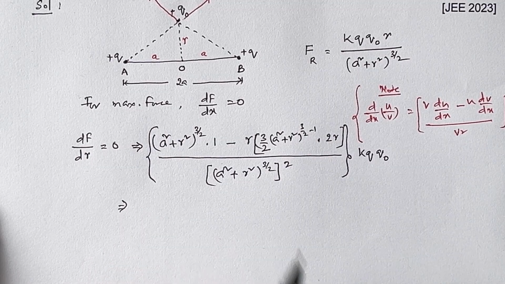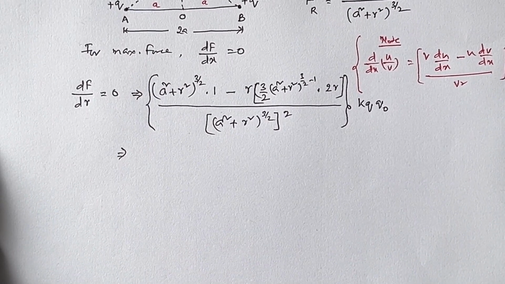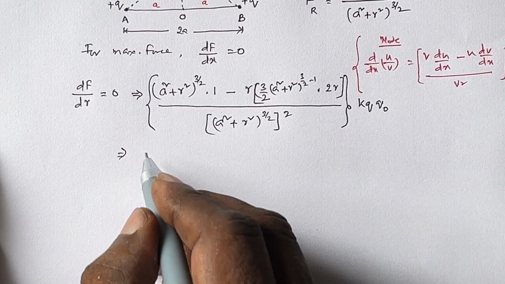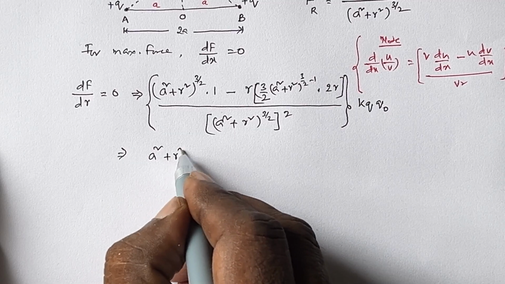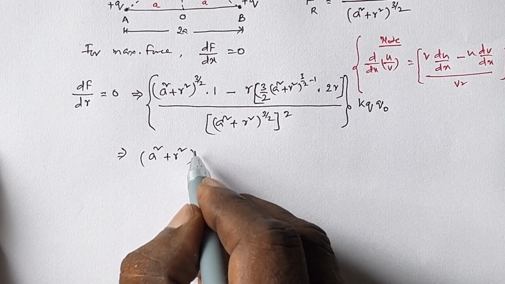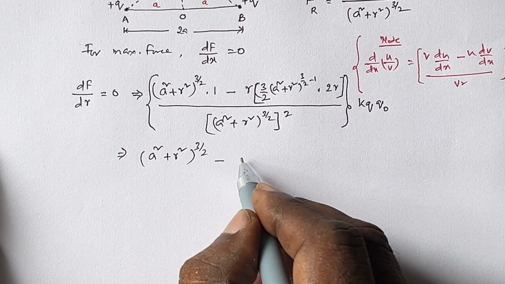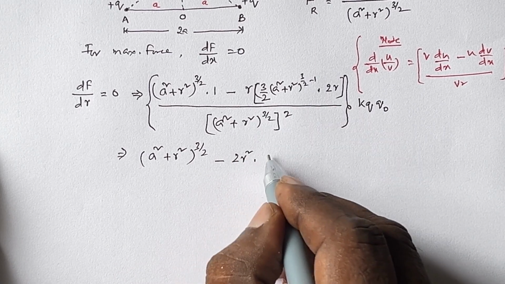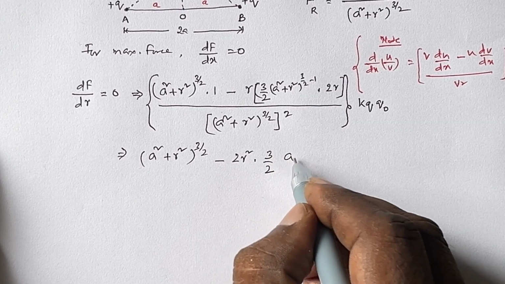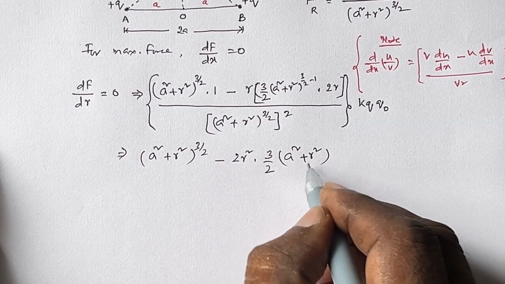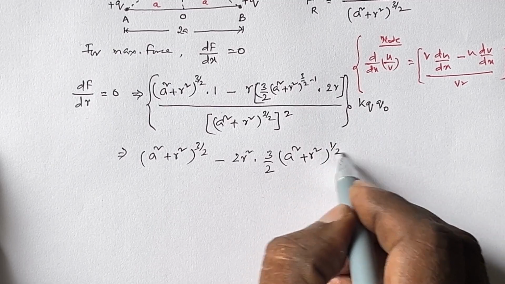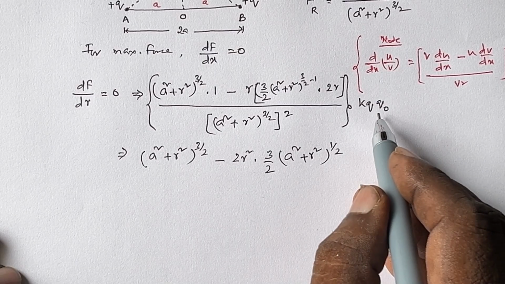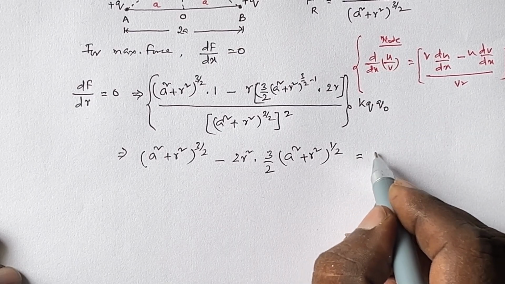So that implies, that is equal to 0. So this will go to that side and become 0. Then (a square plus r square) whole power 3 by 2 minus r into 2r into 3 by 2 (a square plus r square), 3 by 2 minus 1 is 1 by 2, and k q naught also becomes 0, so that is equal to 0.